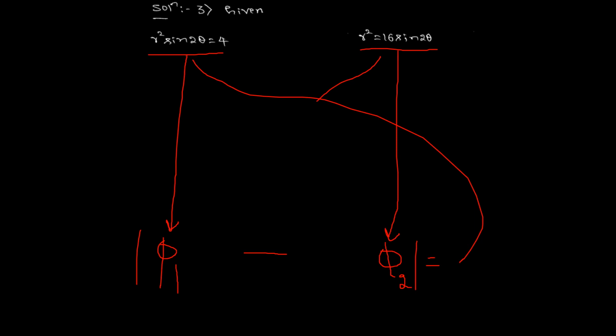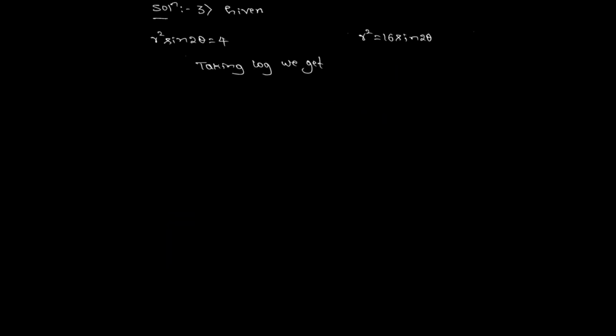Now let us find separately what phi 1 and phi 2 are. The very first step is to take log on both sides of these two equations. Yes, we have taken log on this equation on both sides. Here as well we will take the log on both sides.